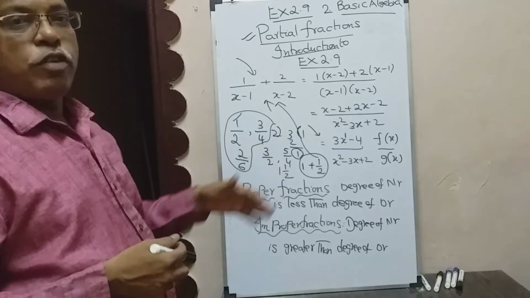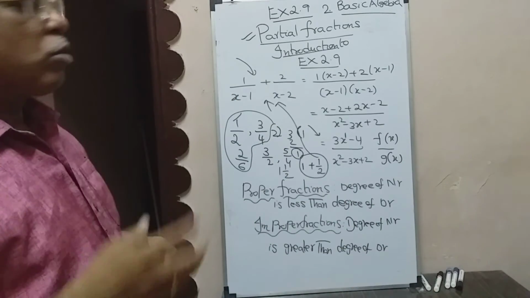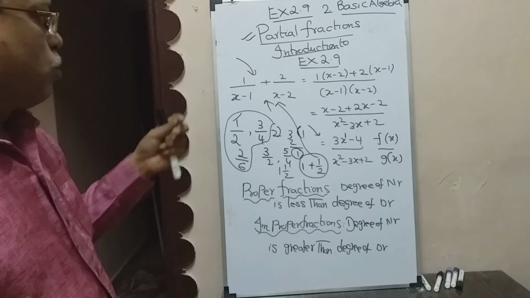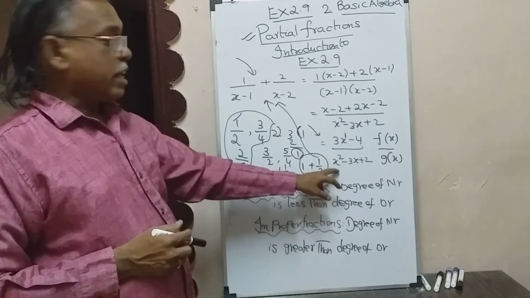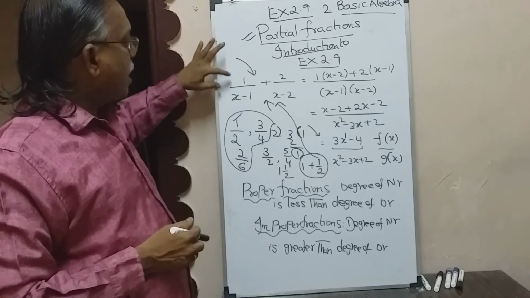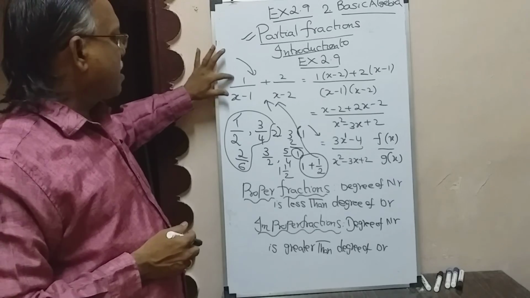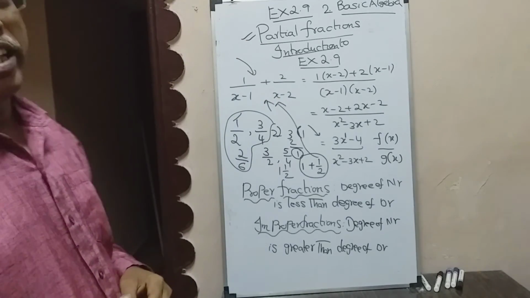There are 3 methods to do partial fractions, and we will discuss them one by one. I told you the reverse process, where every time you keep some constant in the numerator, like a by something, b by something. You should get those ideas first.